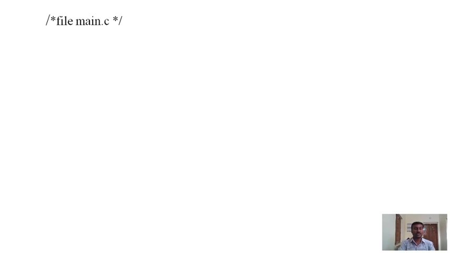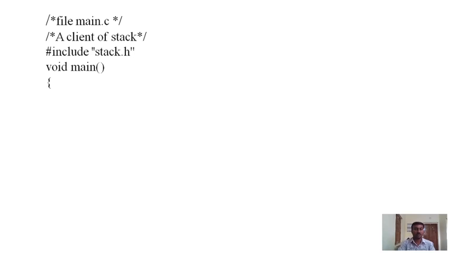These two modules we want to use in the main file. When you want to run the program, you call all these files in main. So a file called main.c includes all the header files for interfacing. #include stack.h is an interface, then the main function starts here. We declare two objects of the struct.